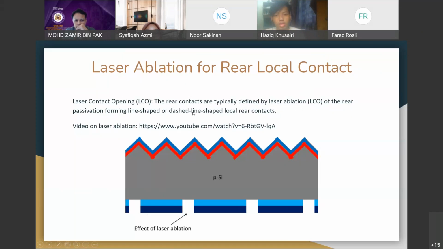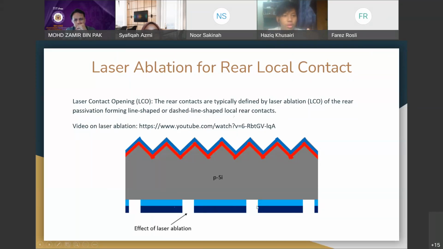The real contacts are typically defined by laser ablation, LCO, of the real passivation, forming line shape or dash line shape local real contact. Why do you want to do this? It is for the next step process. The video on laser ablation here is made by a company.